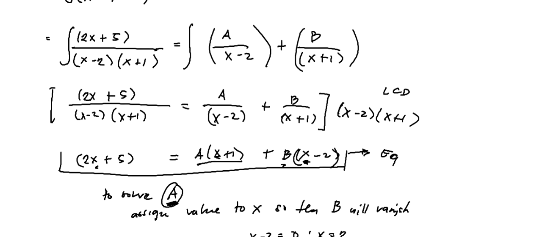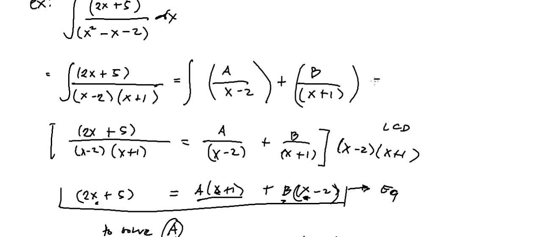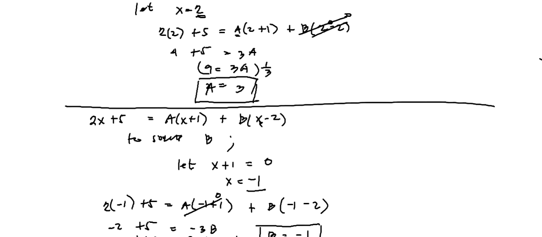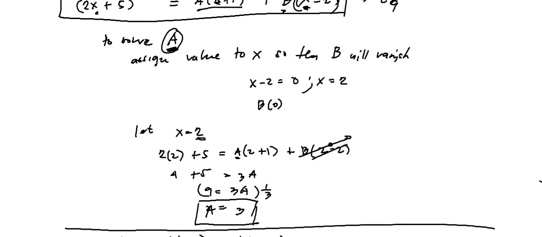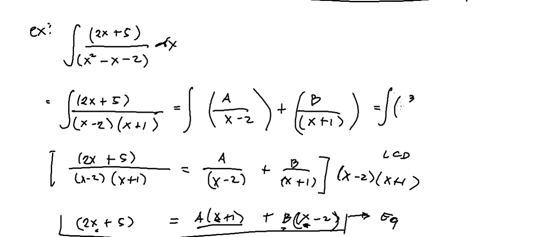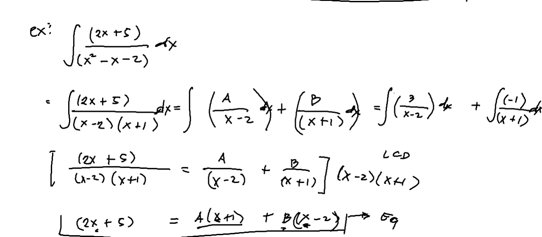So going back to our main equation, we now know the value of our a, which is 3, and b is -1. So we have the integral of 3 over x minus 2 dx, plus the integral of -1 over x plus 1 dx, right?